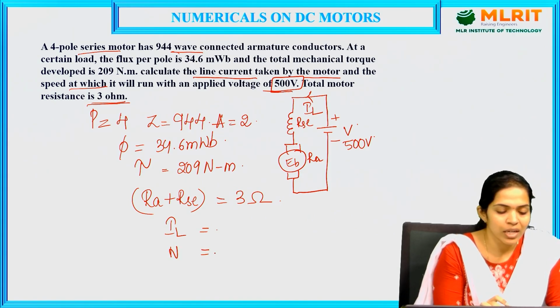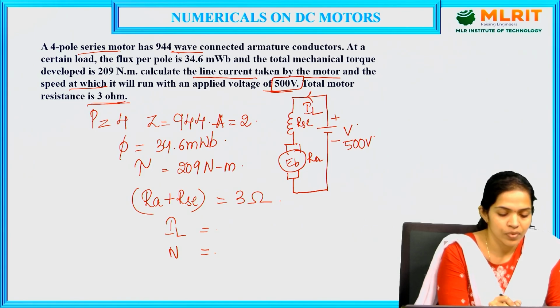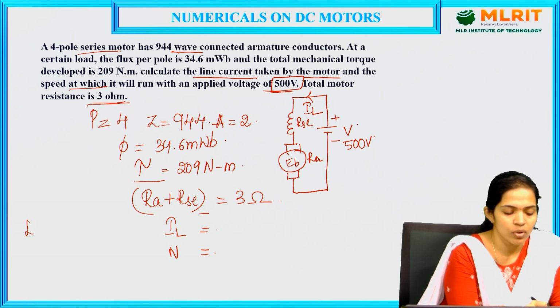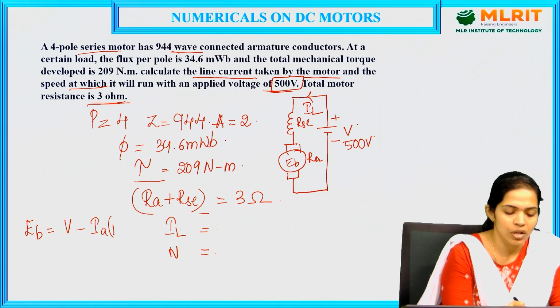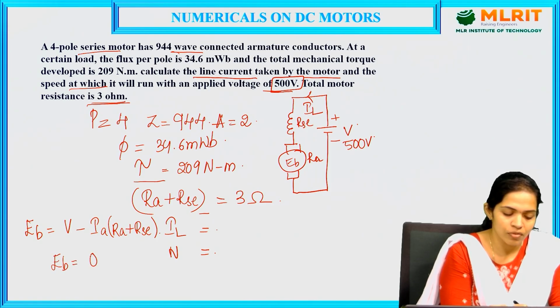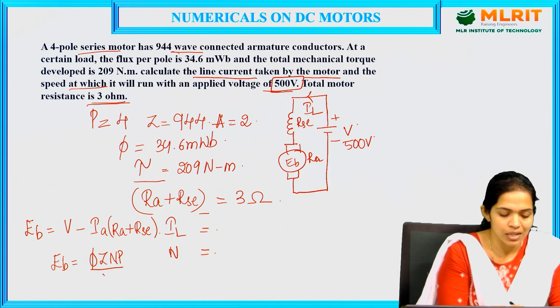So the given data for us in the question is torque, the resistance. So for a motor, EB is equal to V minus IA into (RA plus RSE). So EB can also be found out by the equation ΦZNP by 60A.